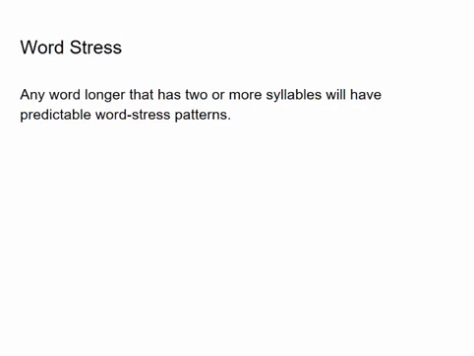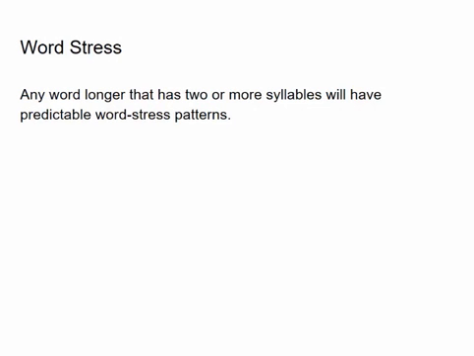So a short word like bat or pat has one syllable, one beat to the word, and any longer words that have more than one syllable like playground or homework, okay, those have two beats, right? Playground and homework, right? There are two beats to the word. So any word that has more than one beat, two beats or more, two syllables or more, will have a predictable stress pattern.